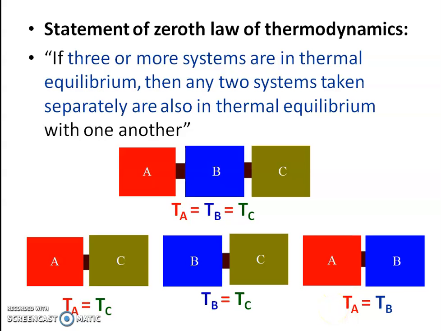In other words, if A and B are separately in thermal equilibrium with C, then A and B are also in thermal equilibrium with each other. So this is the zeroth law of thermodynamics.